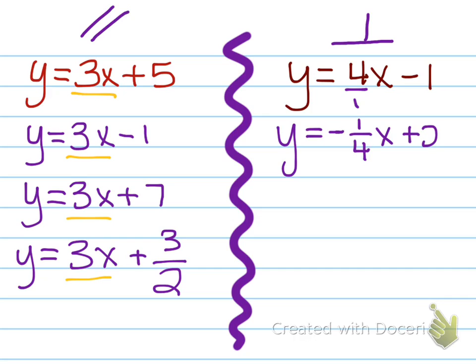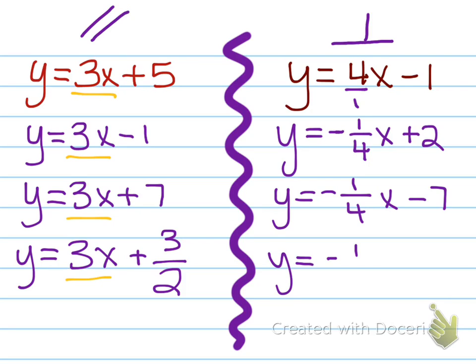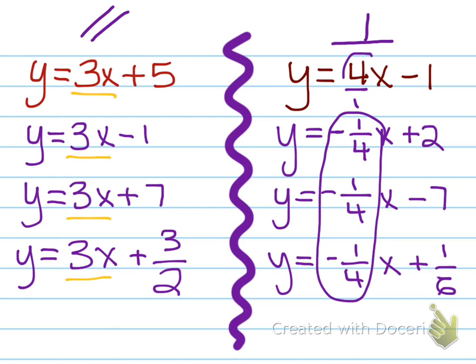And then we can do plus 2. We can have the opposite, or negative 1/4 x minus 7. Y equals negative 1/4 x plus 1 over 6. Notice they all have the opposite reciprocal slope compared to this first one. So each of these purple equations are perpendicular to this first one we started with.